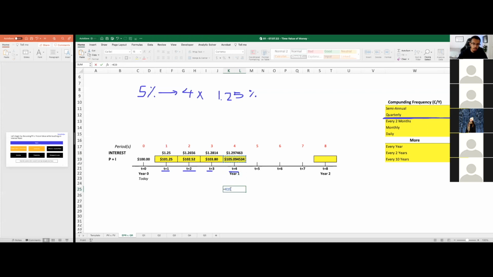It's going to be 105.09, right? So we made $5.09 after 1 year, such that technically our return was literally 5.0945. That was our return.